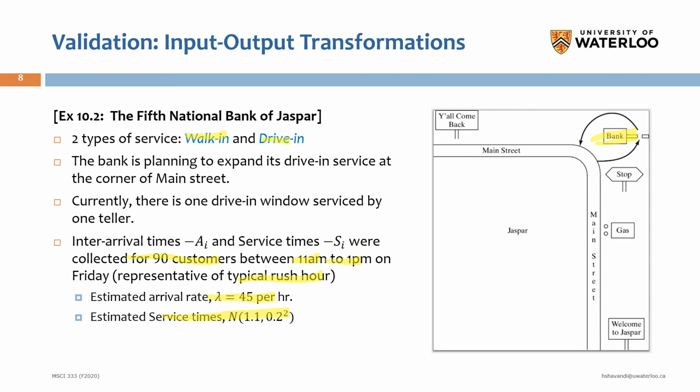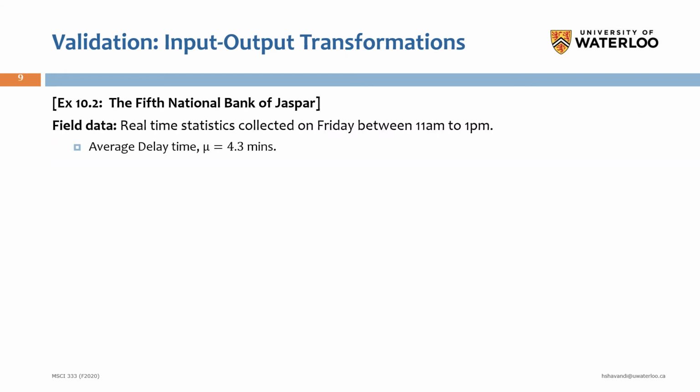So we want to see if we have a simulation model, how we can compare the results by the simulation model and the real system in order to verify, in order to validate the simulation model. So by having that collected data on Friday between 11 a.m. to 1 p.m., the average delay time is 4.3 minutes.